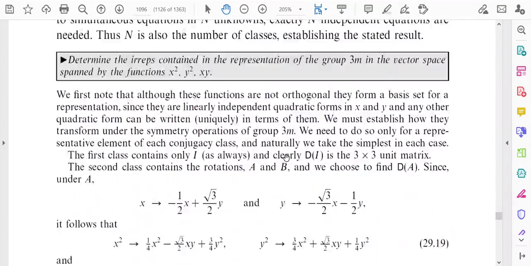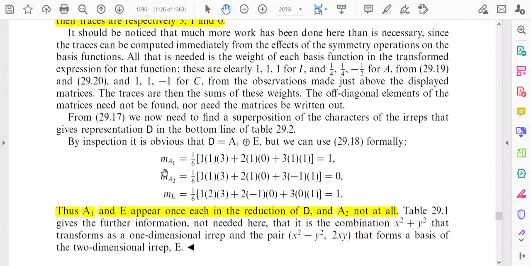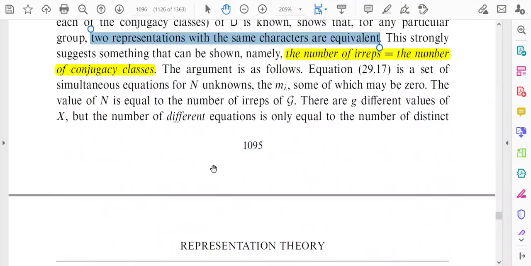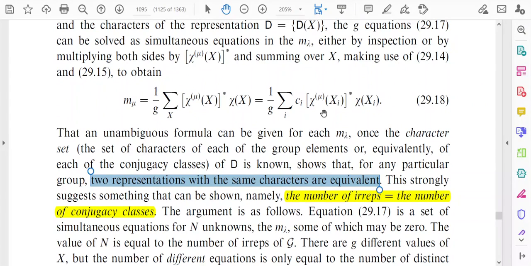So suppose you are considering mu, then 1 by 6, where 6 is the number of group elements. Then Ci is multiplied, where Ci is the number of elements in the class, so this will be 1, 2 and 3 respectively. You see the equation again. So this is the product between the characters.